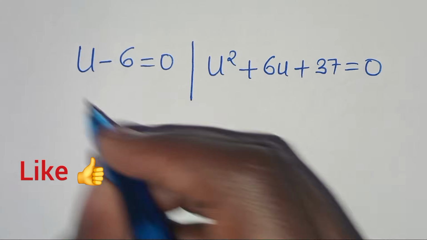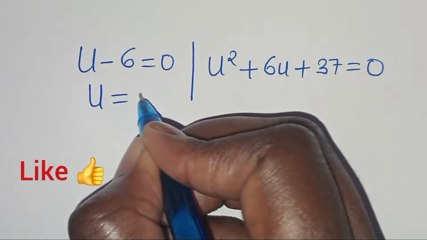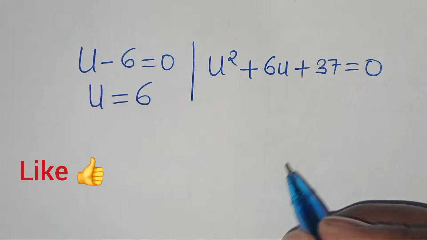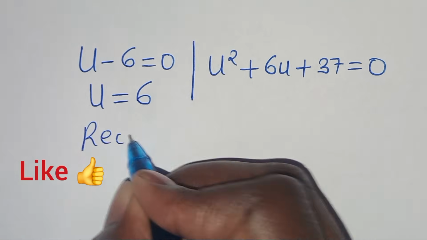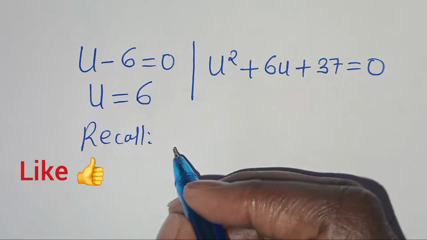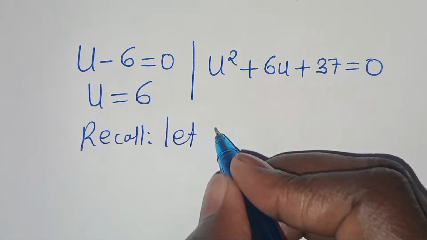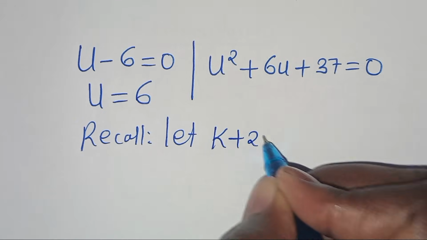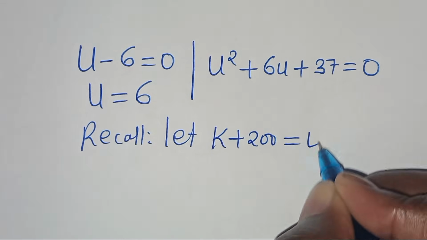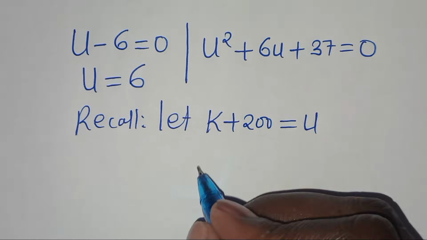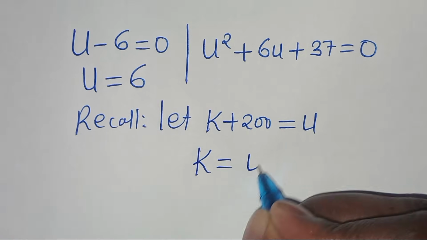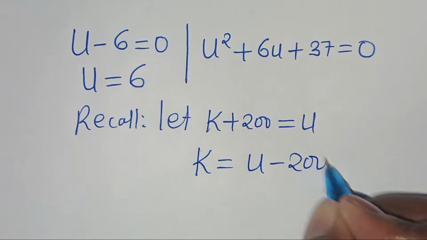So from the first part here, we have u is equal to 6. And if you recall, we let k plus 200 be equal to u. So this implies that k is equal to u minus 200.